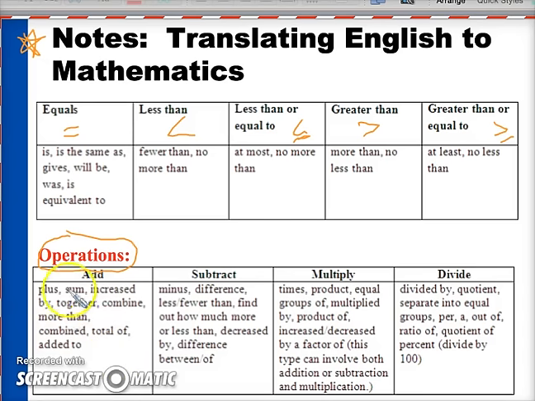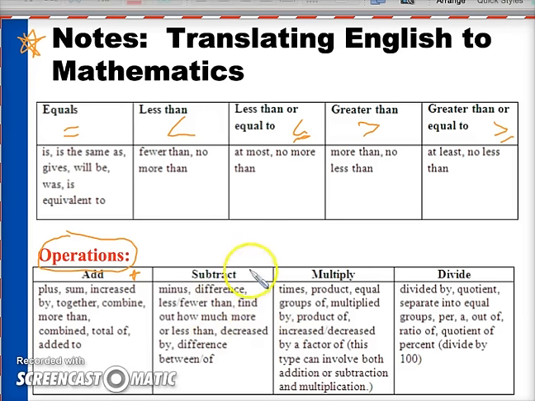All of these words actually mean the same thing. It really means adding. So anytime you hear words like plus, sum, increase, that already means the operation is to add. So like minus, difference, less than, fewer, find, how much more, okay?